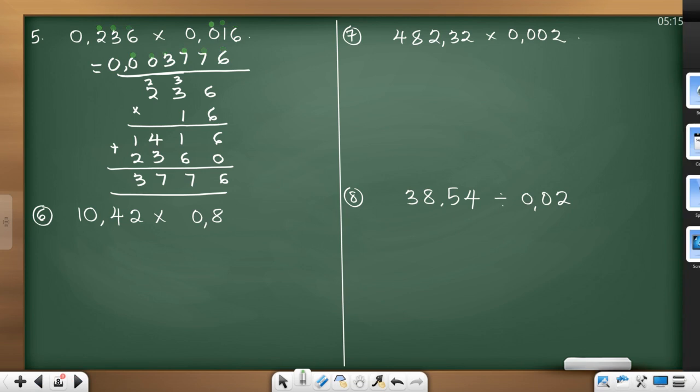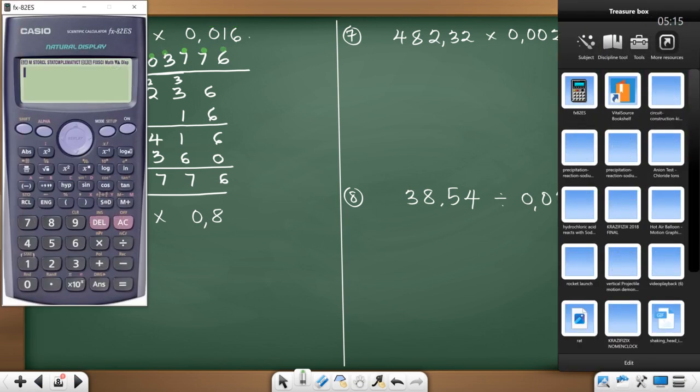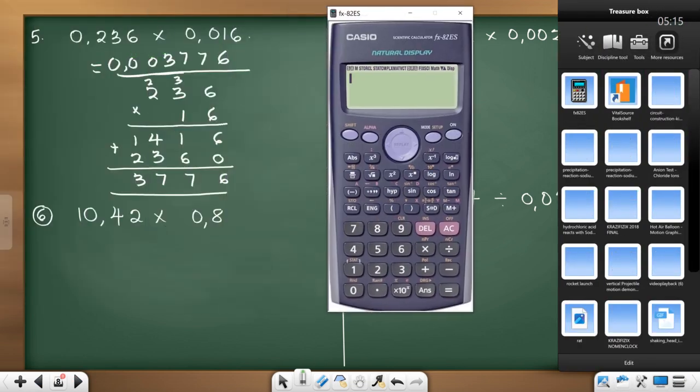Let's see what a calculator would give us. So you see that it is important to follow the rules. 0,236 times 0,016. Look at your answer.